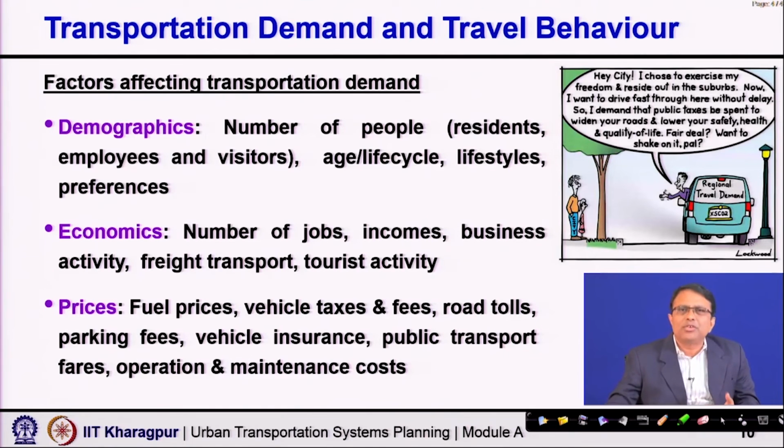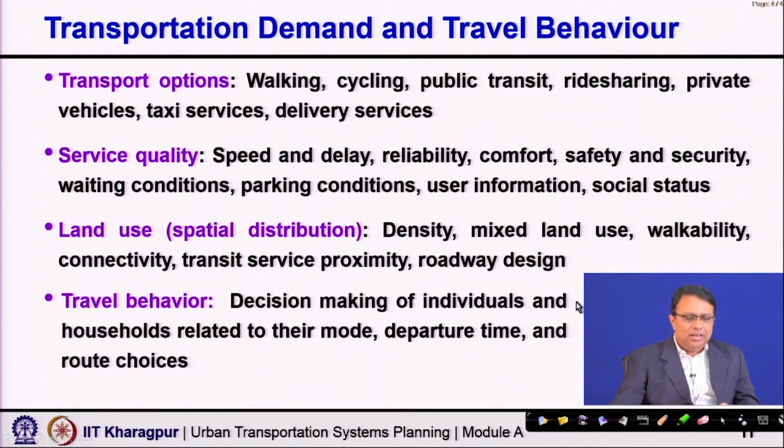Price means, in the case of public transport, how much fare you have to pay for a bus, or if you travel by car, what you have to pay for petrol or diesel depending on the type of car, how much toll you have to pay, and what the maintenance cost is.